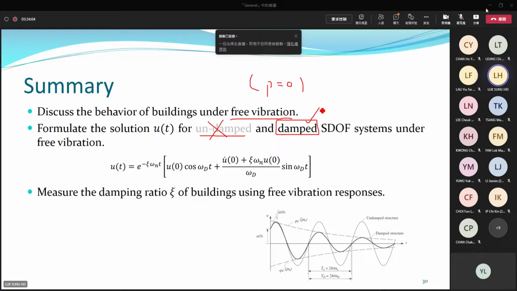For a system with damping, the free vibration response can be expressed using this equation, exponential function times sine, cosine, something like that. You can use it directly, but you have to find those coefficients, U0, U dot 0, these kinds of things. And finally, we discuss one application. You can use the vibration response to find our damping ratio using the log decrement equation. These are all the things we cover in topic 5.